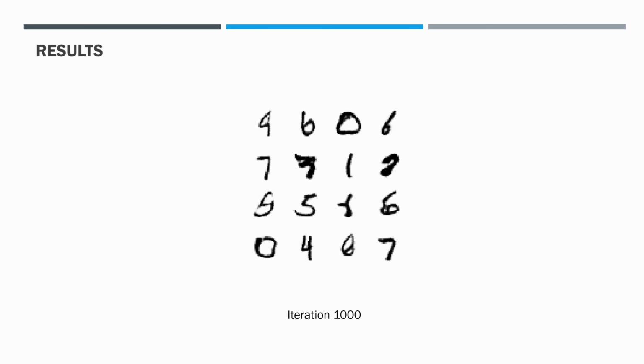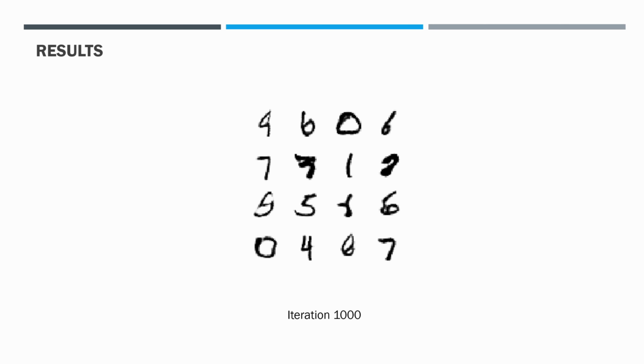But after 1,000 iterations, these look really like they were generated by a human, and both a machine and an unsuspecting human will definitely categorize these as human-written digits. But these are machine-generated images that are indistinguishable from human handwriting.